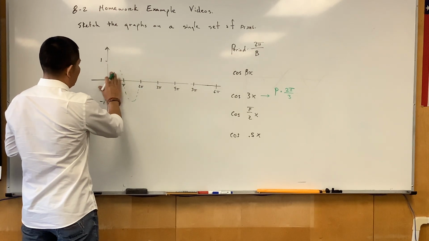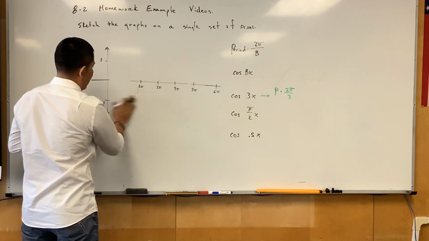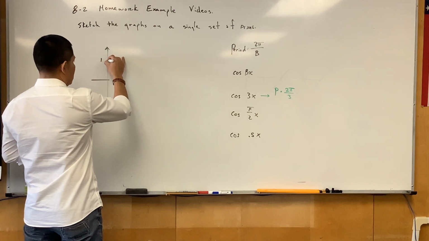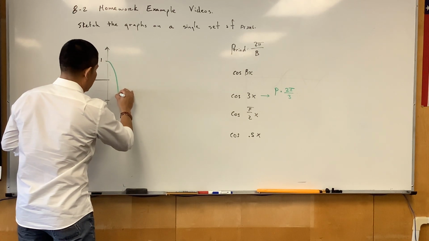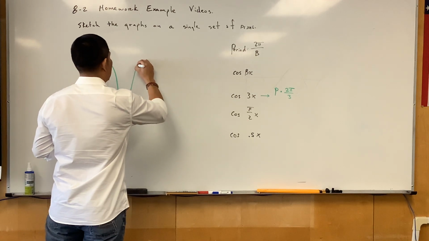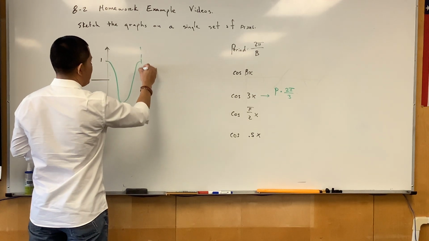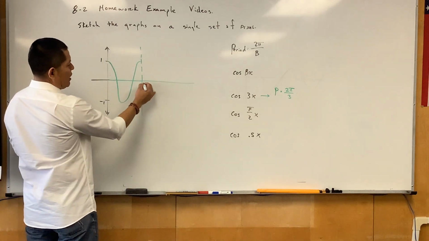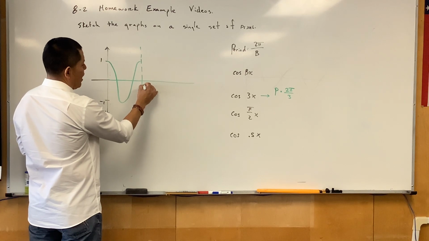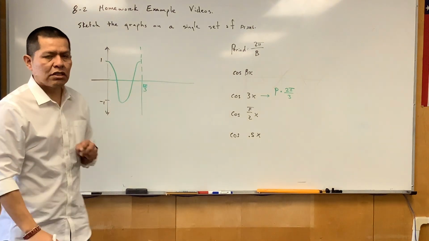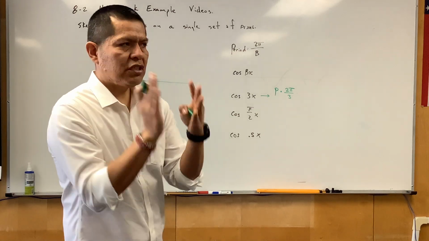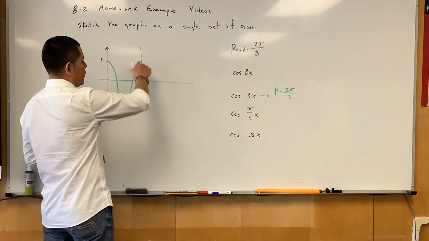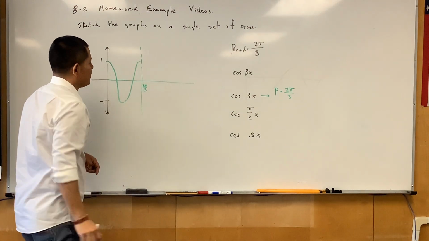So I'm going to modify our function here. We start here, go down, and come back up to here. And right here, one period is at 2 pi thirds. So we fit one iteration of our function into 2 pi thirds.